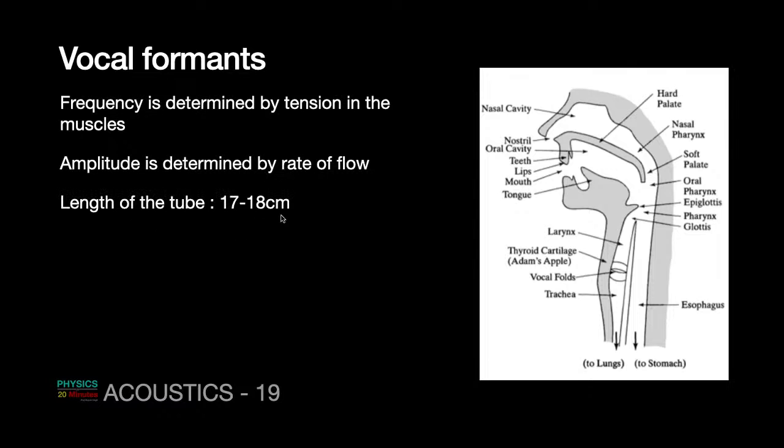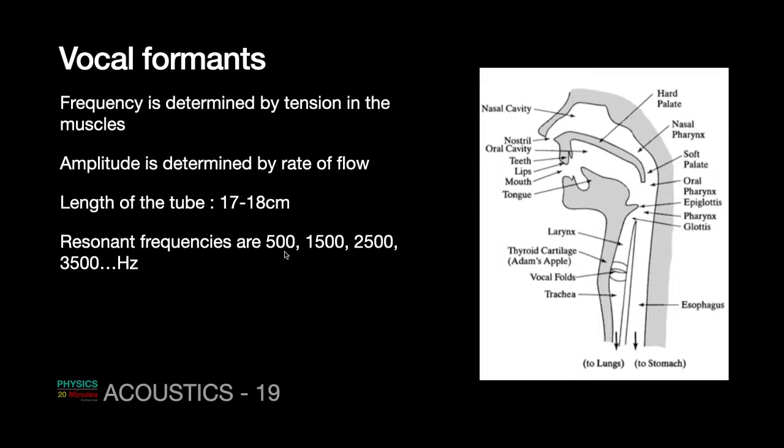The length of the tube, measured from the vocal folds to this point, is around 17 to 18 centimeters. And the resonant frequencies are 500, 1500, 2500, 3500 hertz. These are the basic resonant frequencies where the output is going to be strong enough.